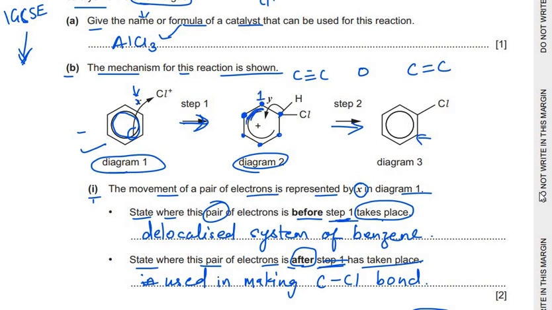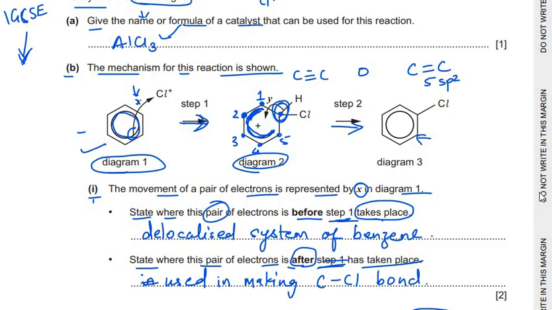So here is 1, 2, 3, 4 and 5 carbon, because this double bond ring is covering the 5 carbons of the benzene ring. So for C double bond C, we can say that there are 5 carbons involved in the double bond in the delocalized system, and they have sp2 hybridization.